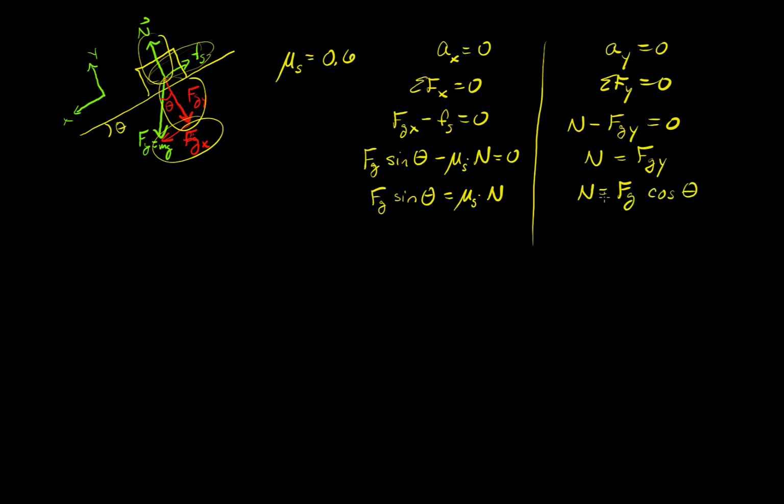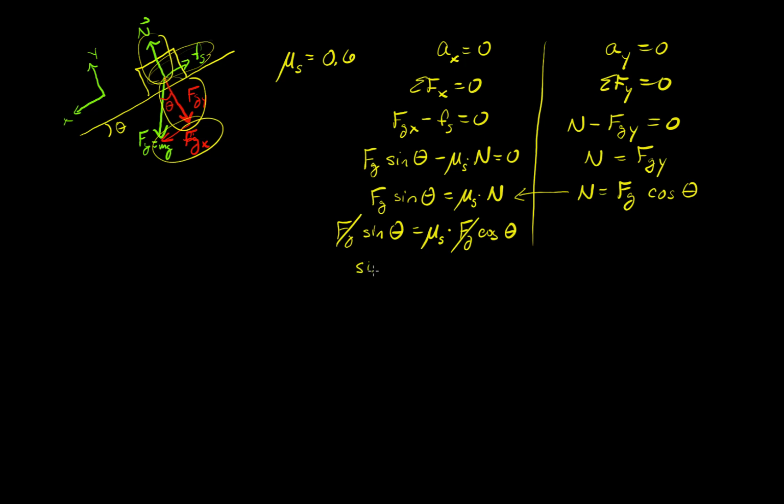Now I know the normal, so I'm going to substitute that in here. So we get FG sine theta is equal to the coefficient of static friction times FG cosine theta. Now I see I have a force of gravity on both sides, so that cancels. So I would just divide this over.